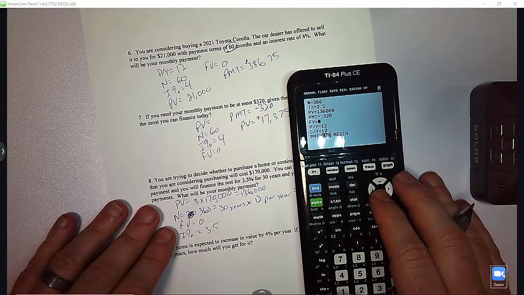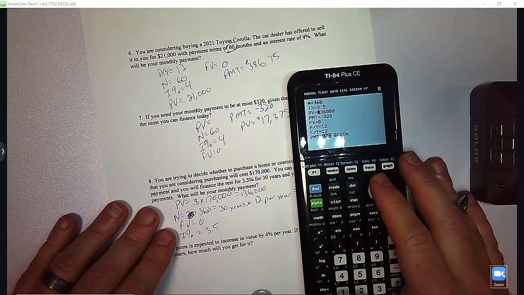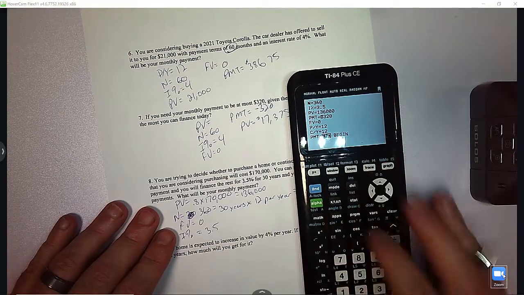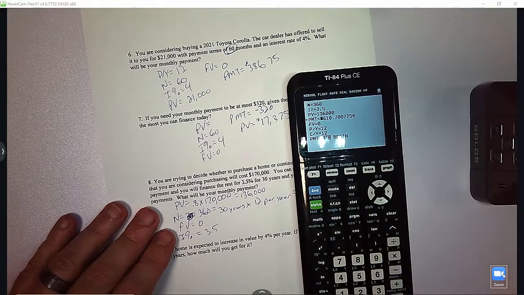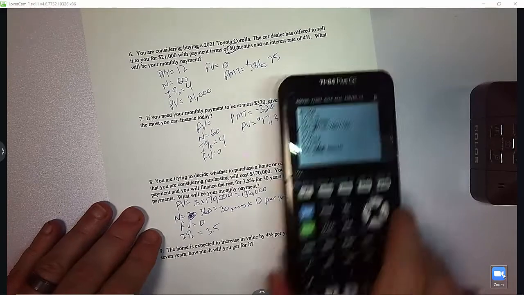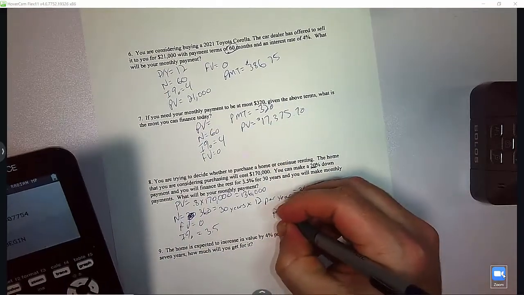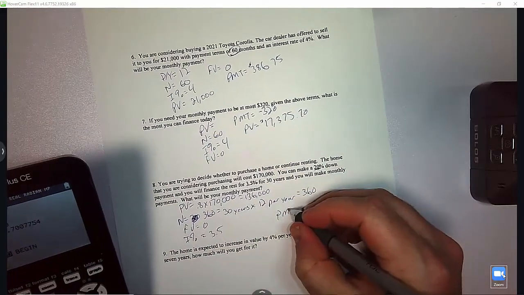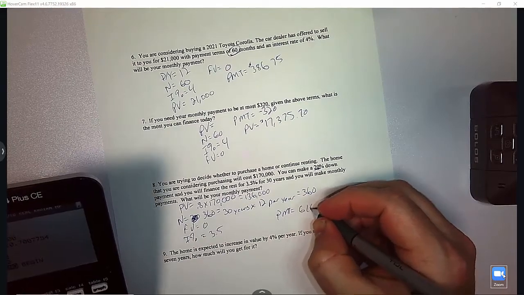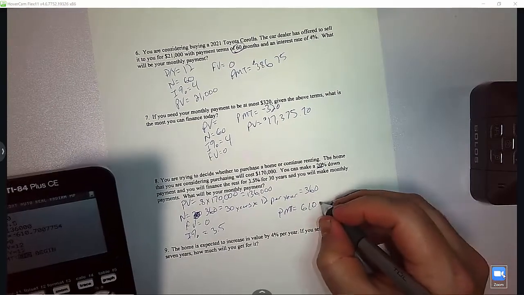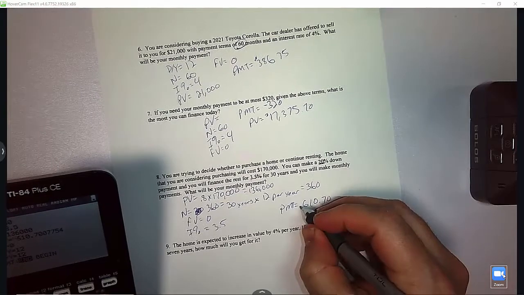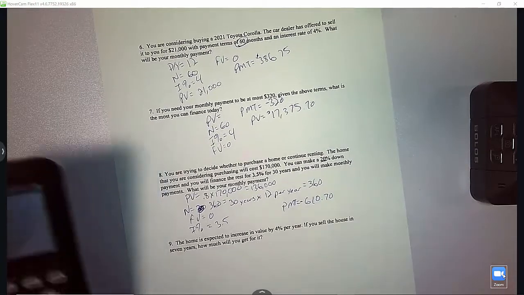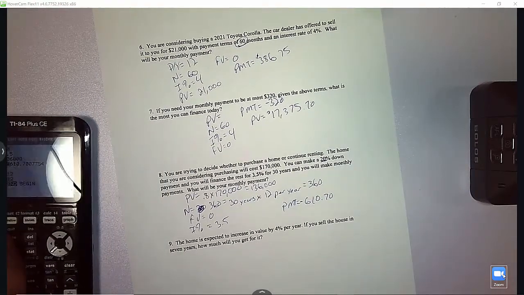My future value is 0. I'm making 12 payments per year, and so my payment is going to be equal to $610.70. And again, this is going to show up as a negative in your calculator because it's a cash outflow.